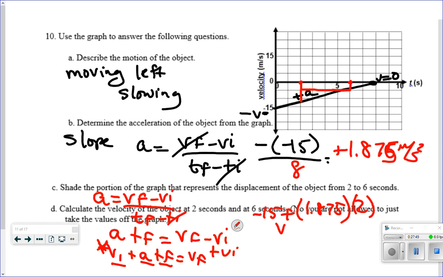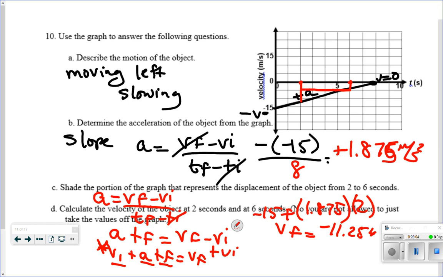I should get a final velocity of approximately -11.25 meters per second. I'm out of room there on the screen. So meters per second, that's the one.